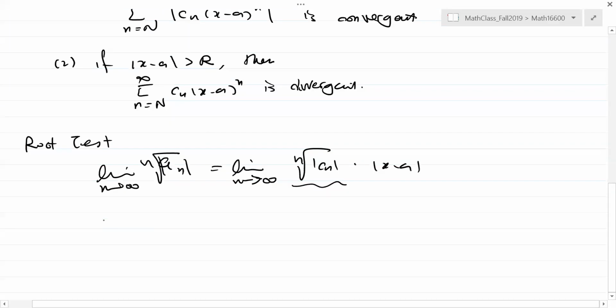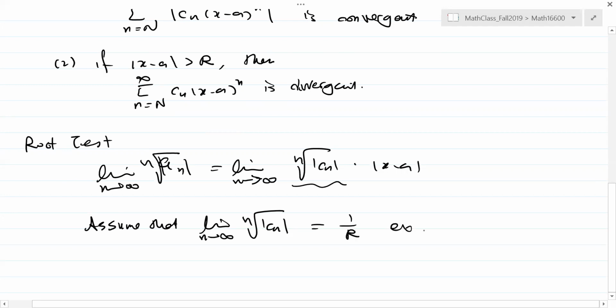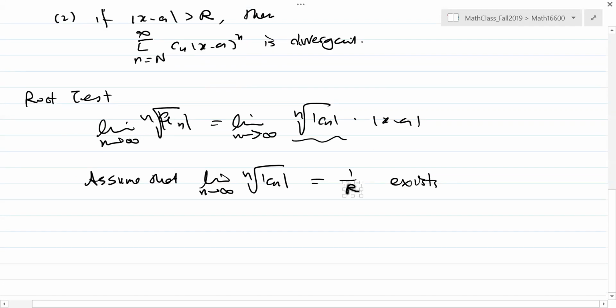By the same assumption, we have to assume that this nth root limit, equal to 1 over r, exists. Exists means either infinite or finite. It could be positive infinite, or a finite number, or 0.